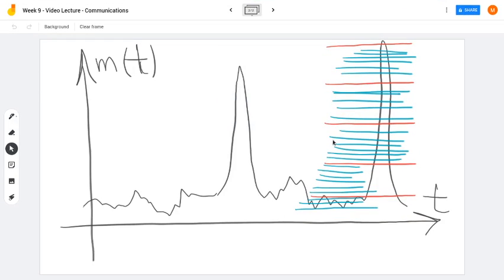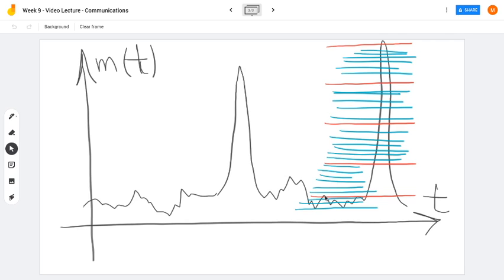So going back to the whiteboard, for smaller amplitudes we have a small step size. As the amplitudes get larger, we have a larger step size. So we can call it a non-uniform quantizer. In other words, for larger amplitudes we use a larger step size, and for smaller amplitudes we use a smaller step size.